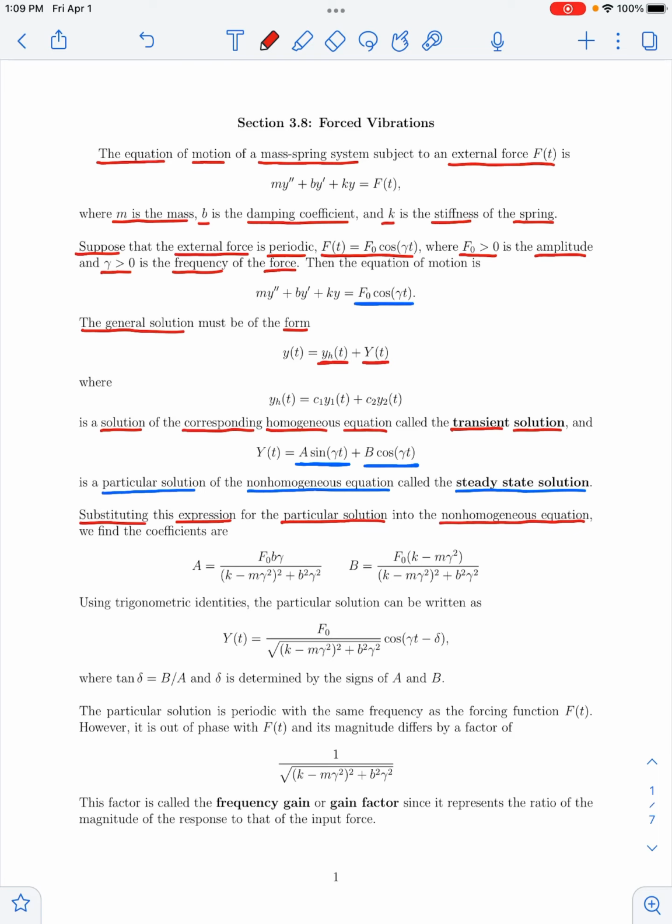So our particular solution could be rewritten instead of a sum of sine and cosine of γt.